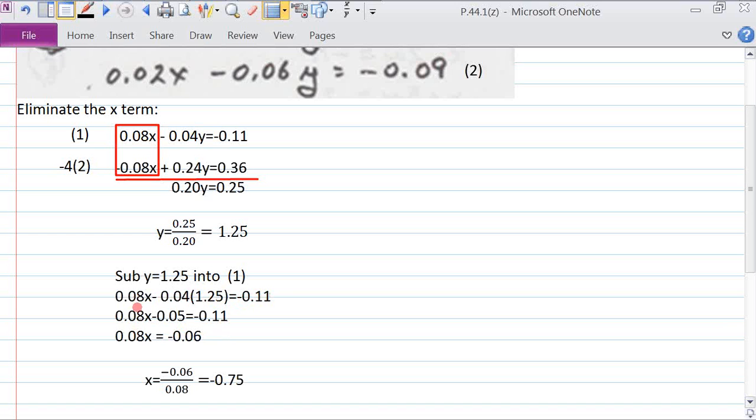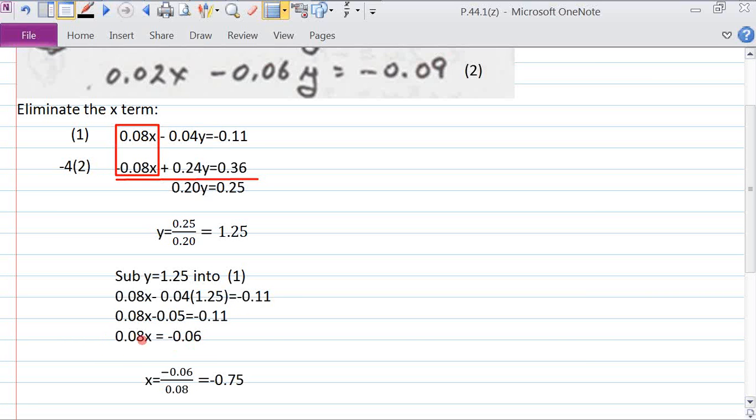When I multiply minus 0.4 times 1.25, I get minus 0.5 equals minus 0.11. I transpose the minus 0.5 from the left to the right and add it to the minus 0.11, and I'm left with minus 0.06. Here, minus 0.06.